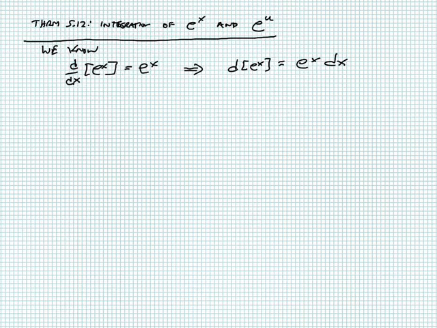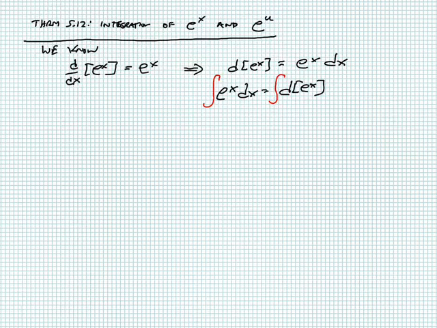And so what I'm going to do is actually flip this. I'm going to write this as e to the x dx is equal to d of e to the x. Okay, and so if I differentiate both sides, oh no, sorry, if I integrate both sides, because we want to integrate. So if I integrate, the integral of e to the x dx is equal to the integral of d of e to the x.